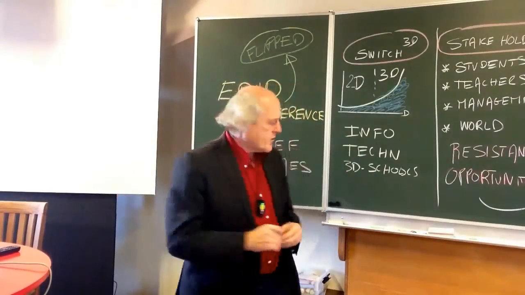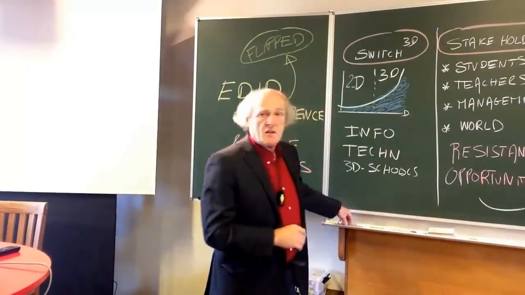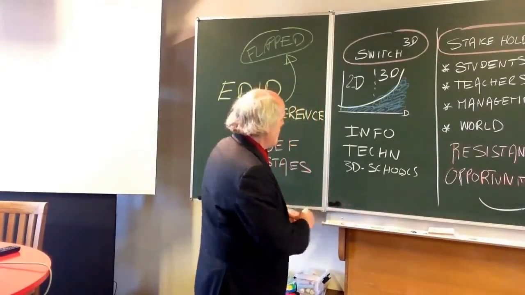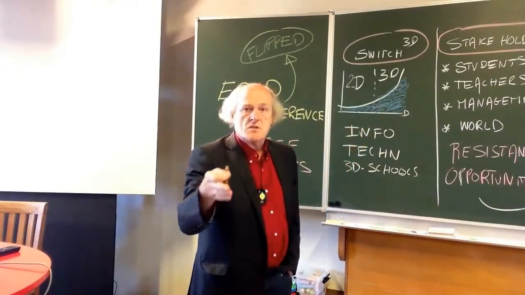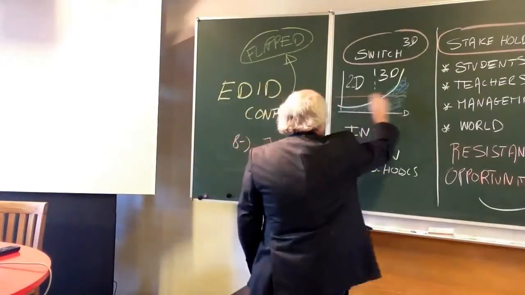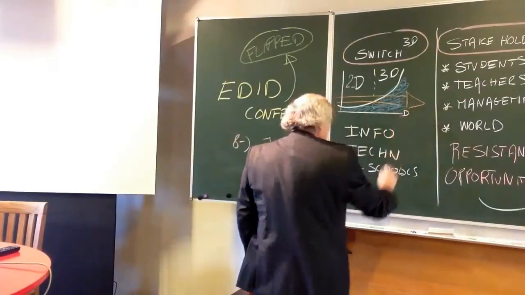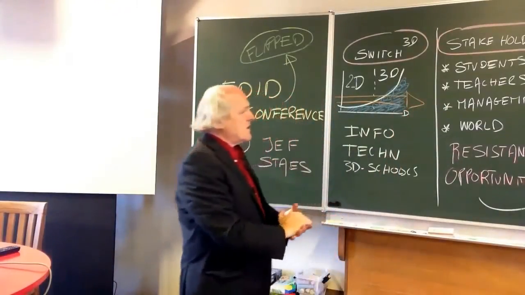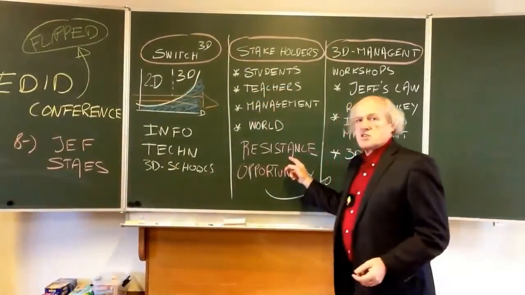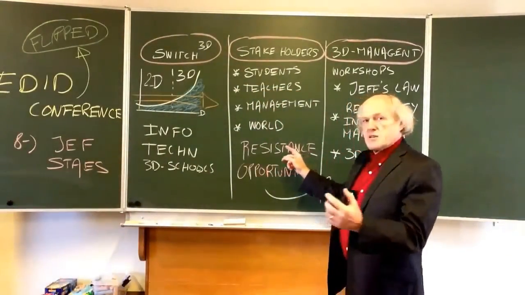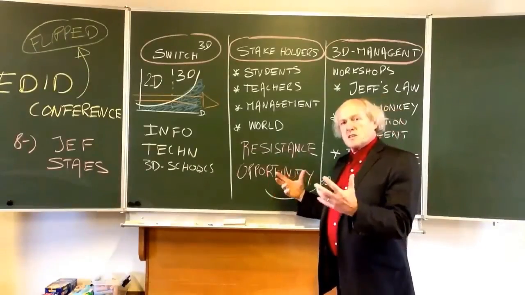And so we are going through a very dramatic innovation process. So we have to go from 2D schools to 3D schools by, for instance, introducing flipped classrooms. So we have to innovate. And this innovation process is going to be very dramatic because we will have a lot of resistance to change. But on the other side, we will also have a lot of opportunities.